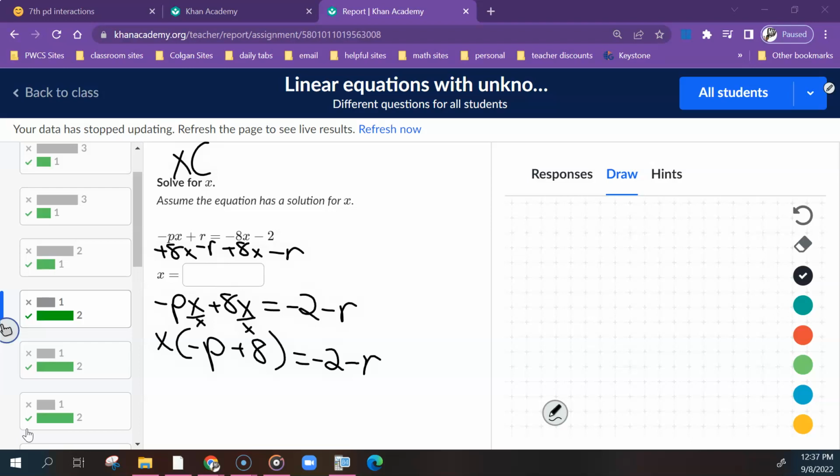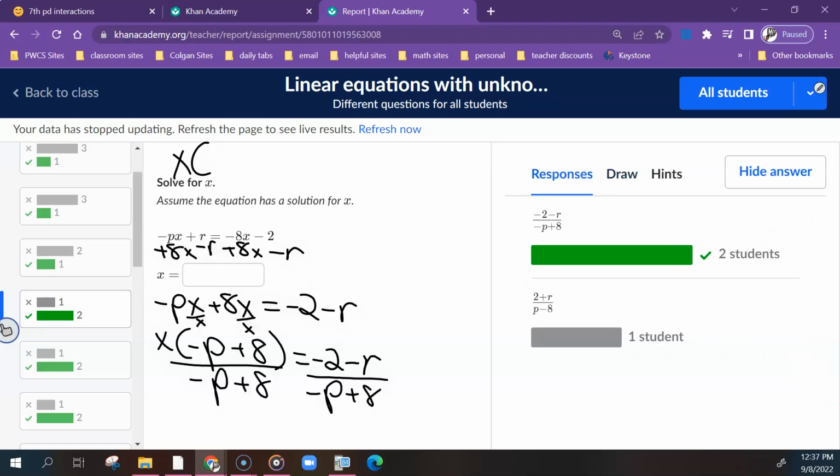And then after we get to this point, to get x by itself, we would divide both sides by what's inside. So when we do that, these cancel, and you're left with x equals negative 2 minus r all over negative p plus 8, which is one of the answers.